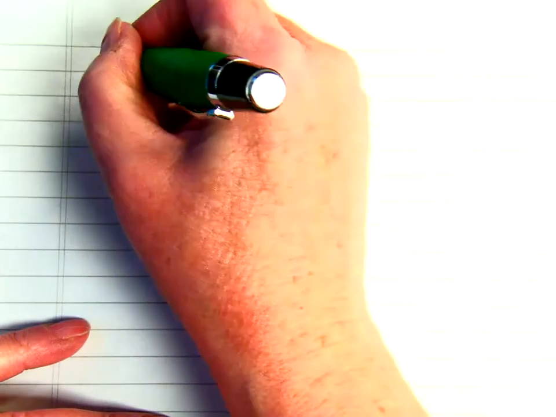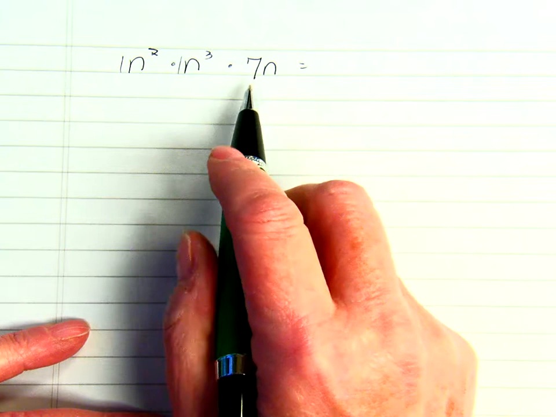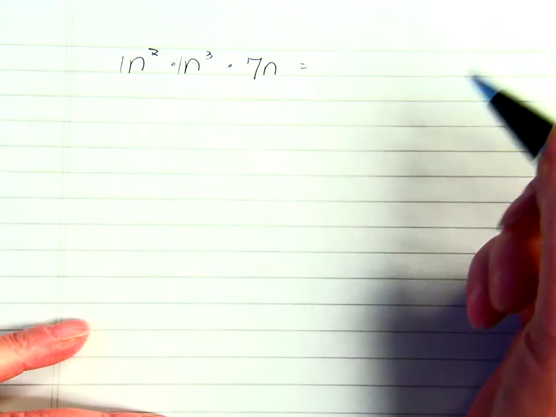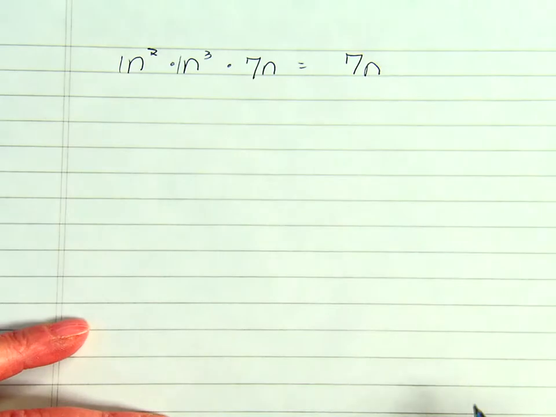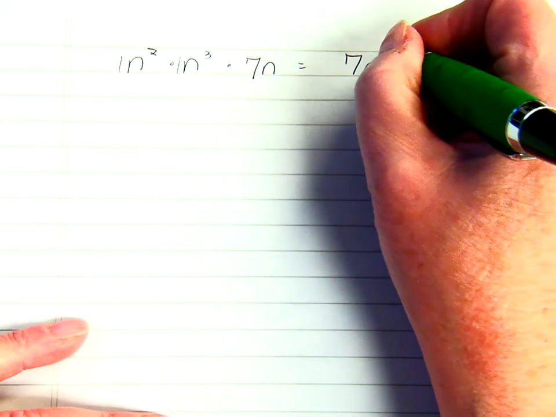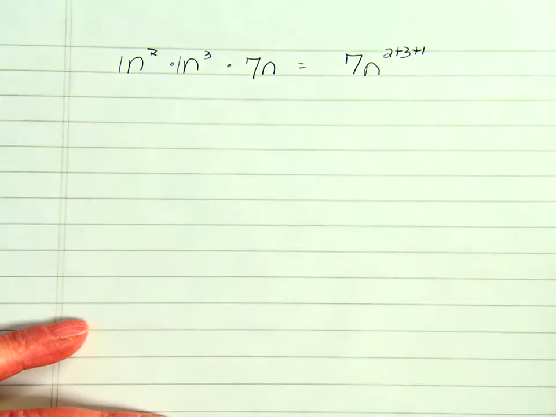Okay, so what we are looking at first is we're going to look at multiplying the coefficients. 7 times 1 times 1 is 7. Now we've got our base of n, and we've got 2 plus 3 plus 1.